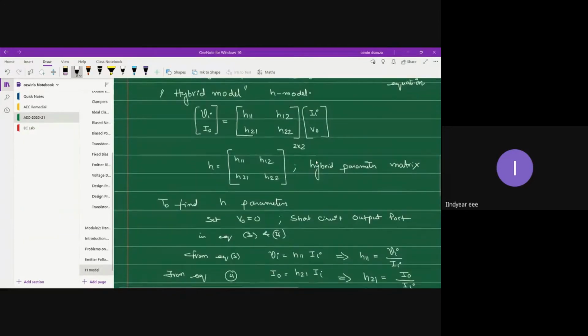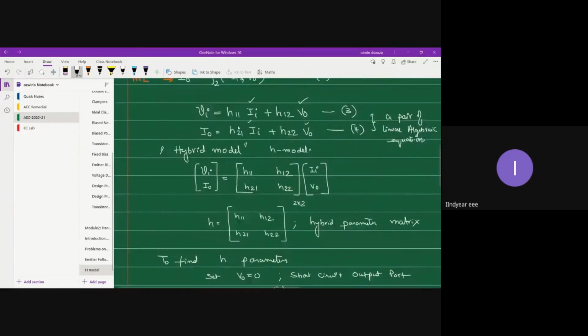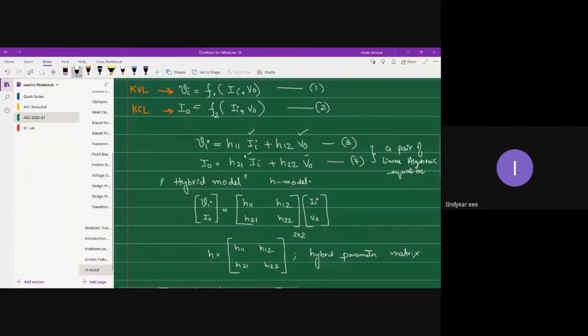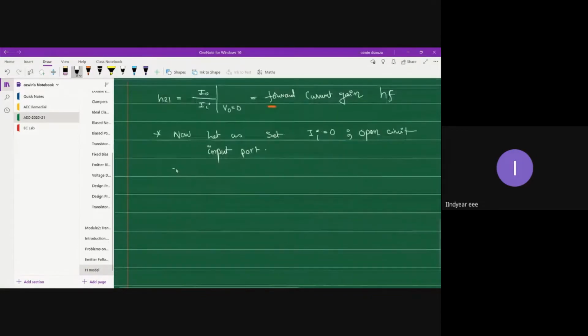When you set the input current equal to 0, the H11 and H21 terms become 0. Hence you will be left with Vi is equal to H12 into V0, and I0 is equal to H22 into V0. So from equation 3 we have Vi is equal to H12 into V0, and I0 is equal to H22 into V0.